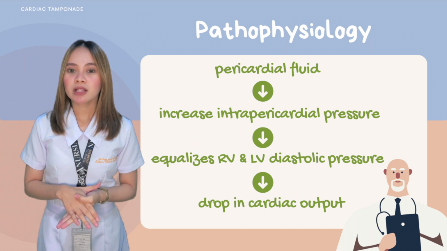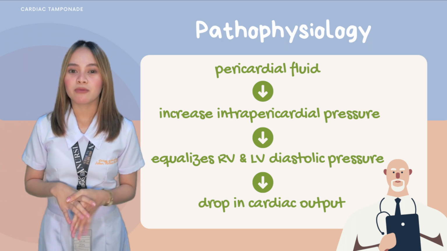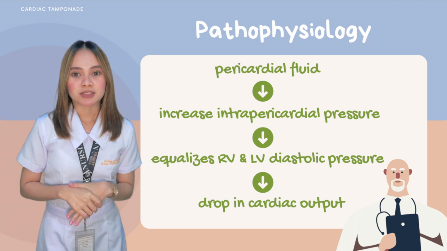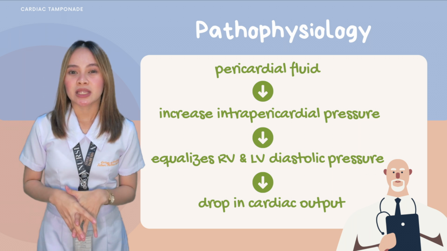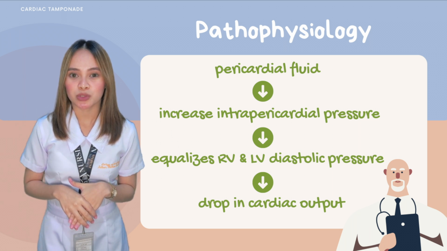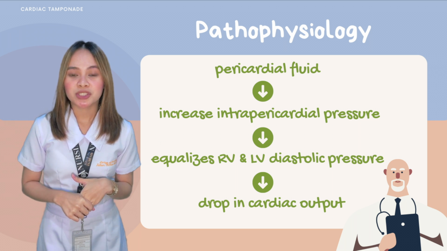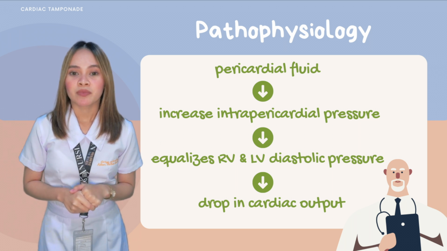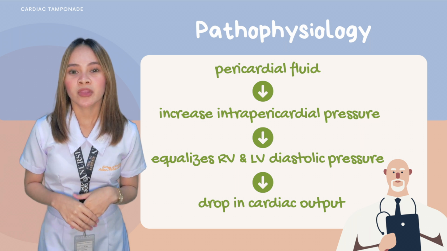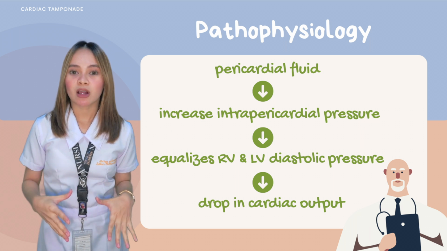The transmural distending pressure of the ventricle decreases and the chamber collapses, preventing appropriate filling of the heart from systemic venous return. The underlying pathology behind cardiac tamponade is a decrease in diastolic filling, which leads to a decreased cardiac output.